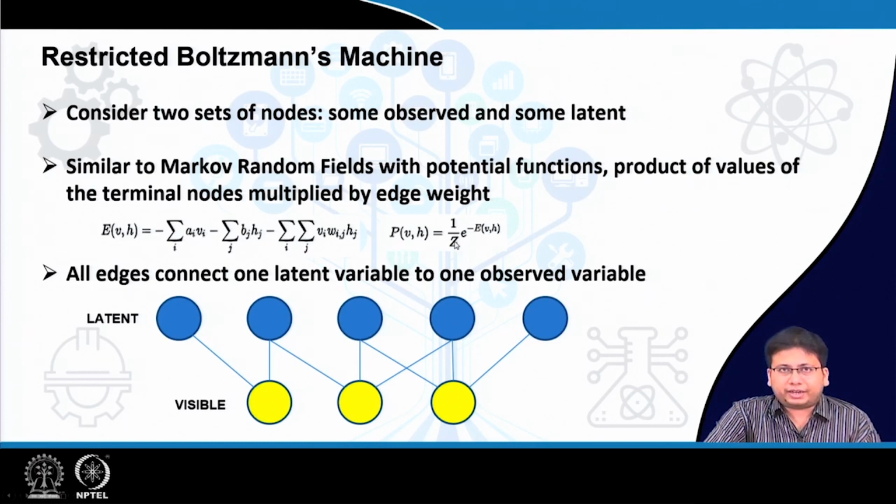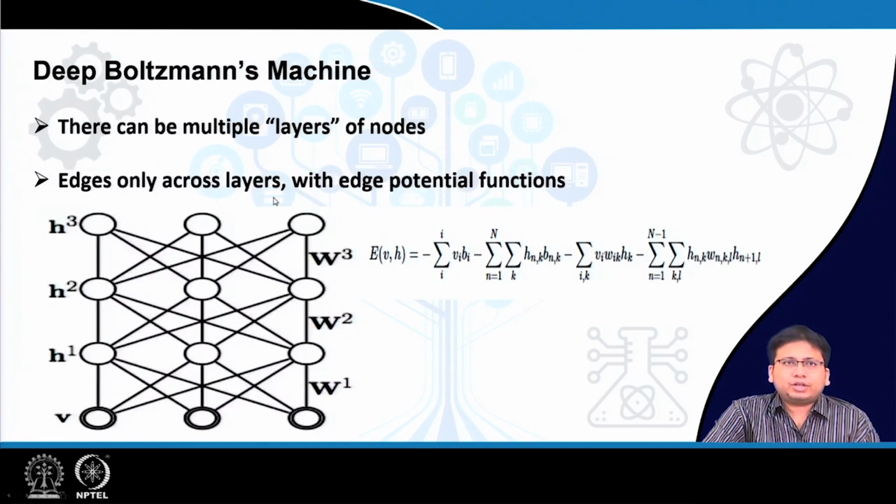That is, for every possible value of v and h we will get some probability, but those probabilities must all add up to 1. To make sure that adding up to 1 happens, we have this thing called Z, which is sometimes called the partition function.